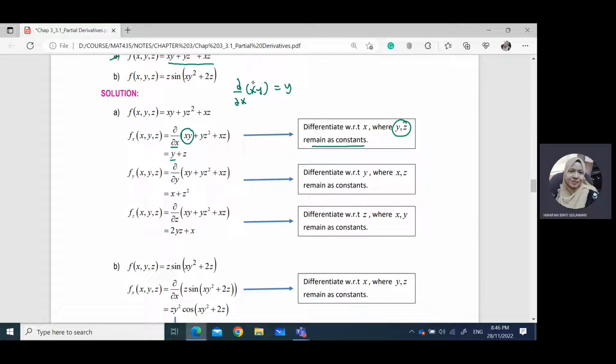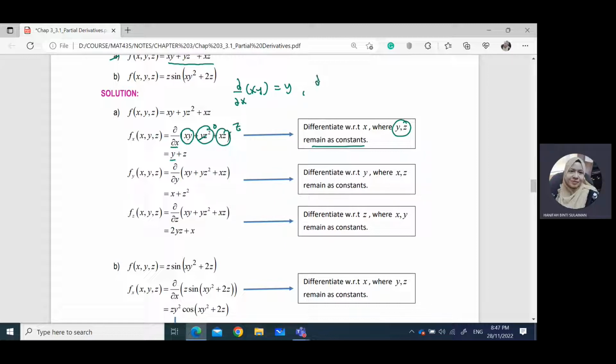Okay, so the power of x will reduce. So 1 minus 1, we have 0. So that's why we have 1 here. Okay, so next, we differentiate with respect to x on yz squared. So y and z are constants. So here we have 0. And the derivative with respect to x on xz, we have z.